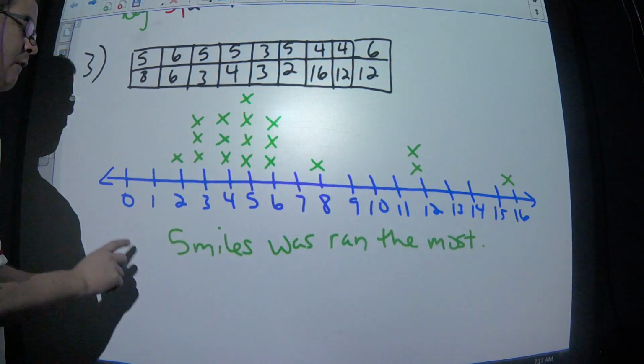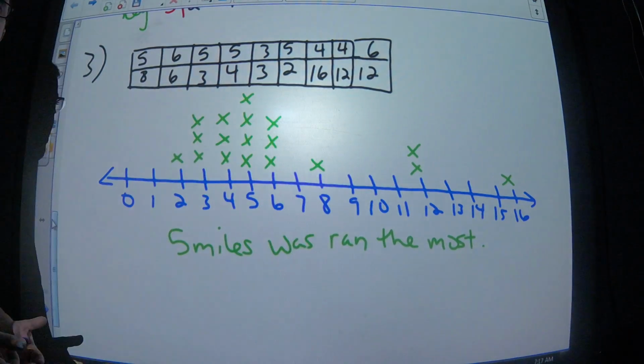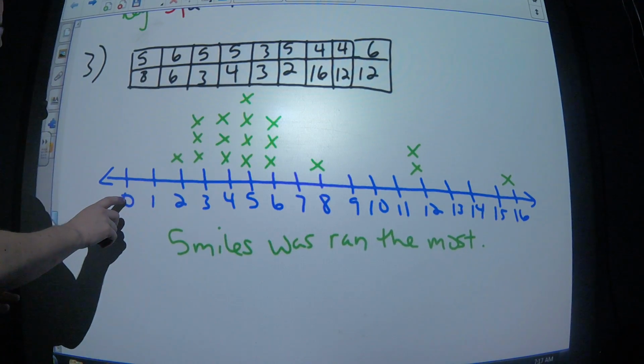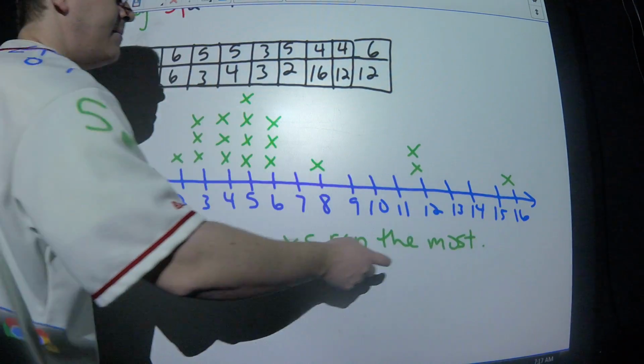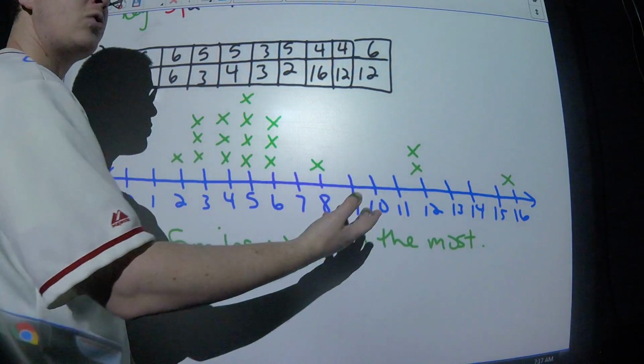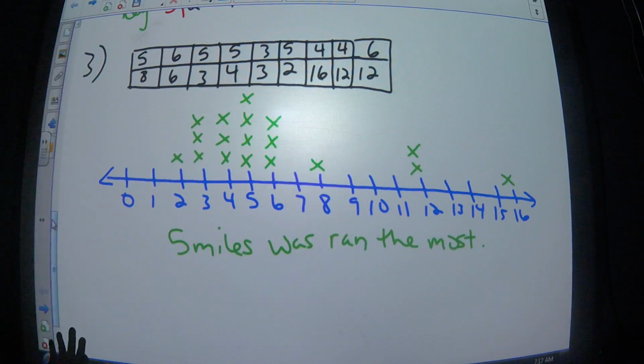So I draw a horizontal number line, and then I plot my times. I ran my times from 0 minutes to 16 minutes because I have nothing greater than 16. You could have done 0 to 20 minutes. Doesn't matter, as long as you have all of your data on this number line.